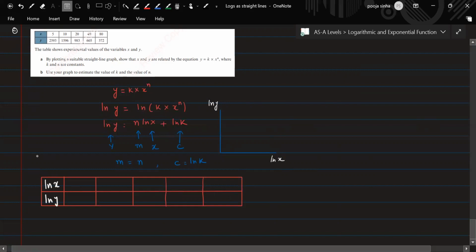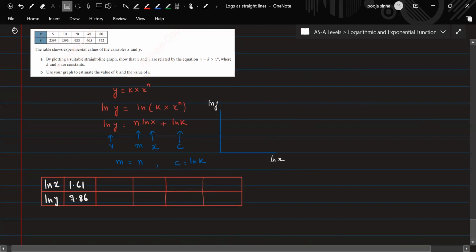Put it in the calculator and give me the value. 1.61. When x is 5, what is y? 2593. So then what will be ln y? 7.86.